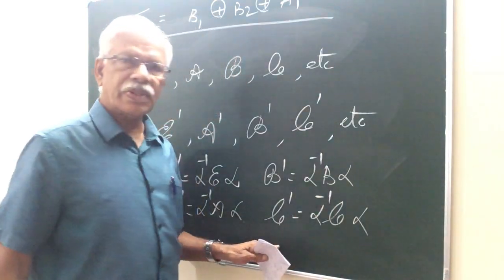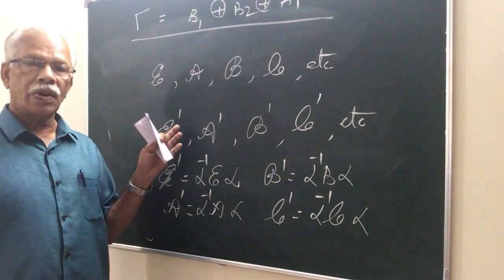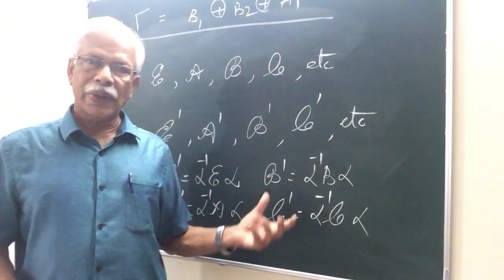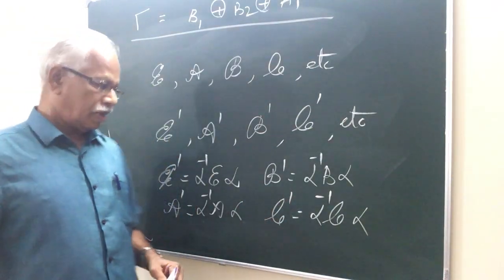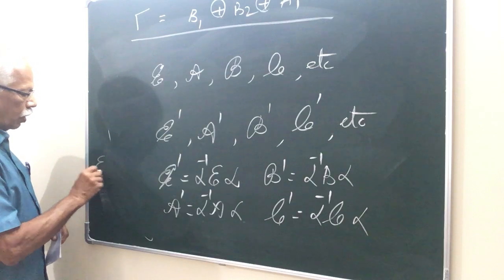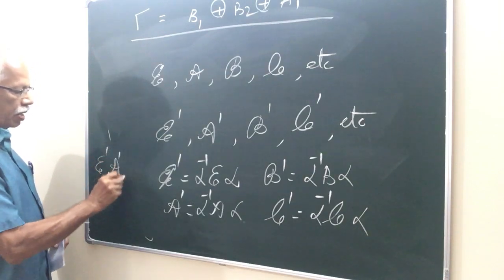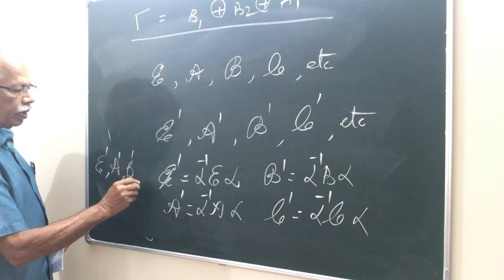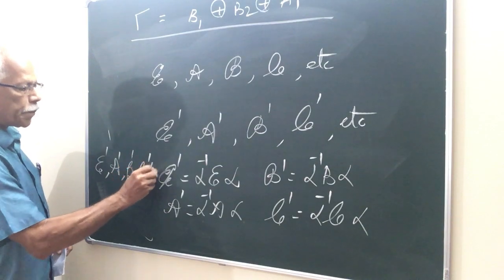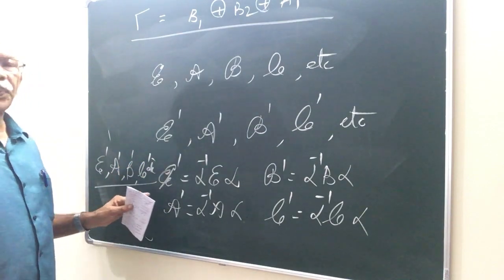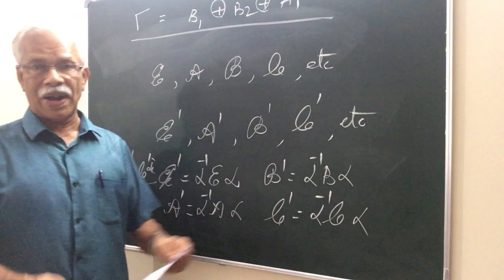By doing this similarity transformation on each matrix, you get a new set of matrices which are now block factored.